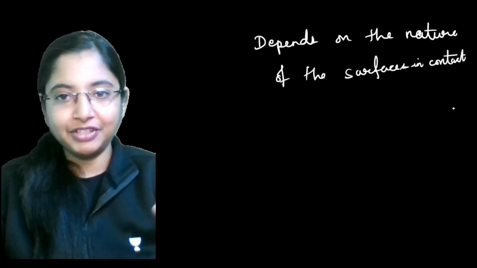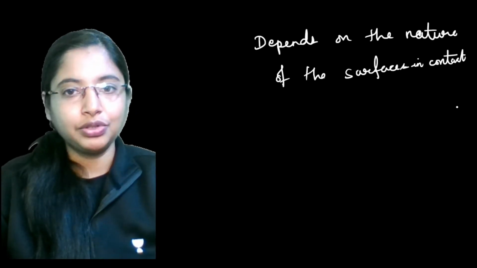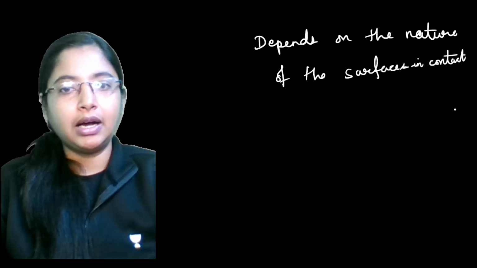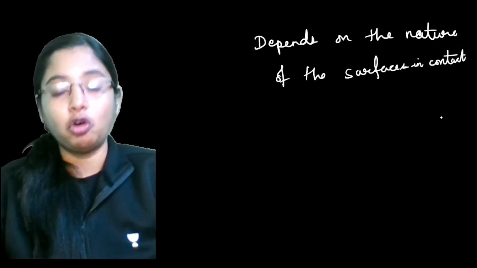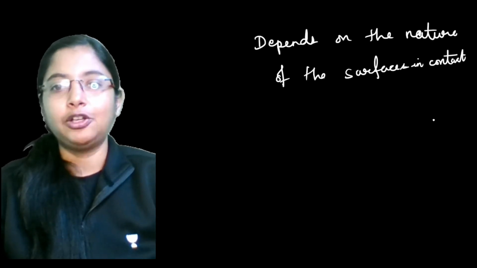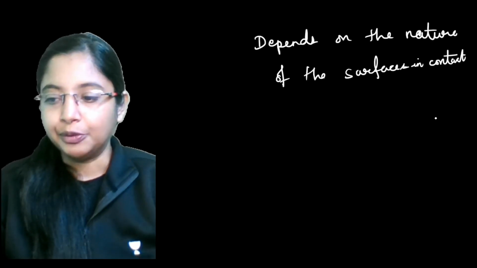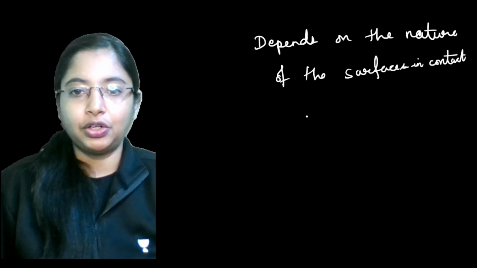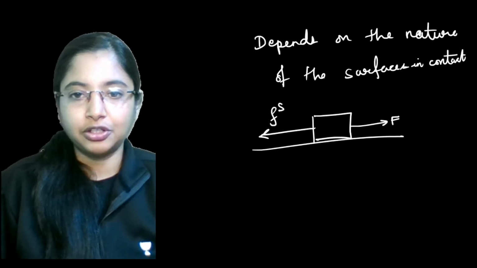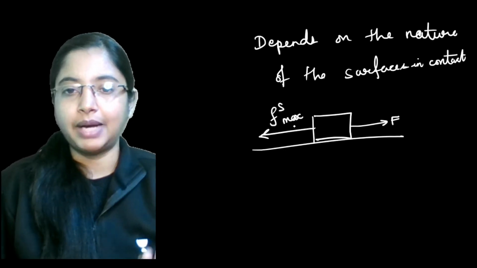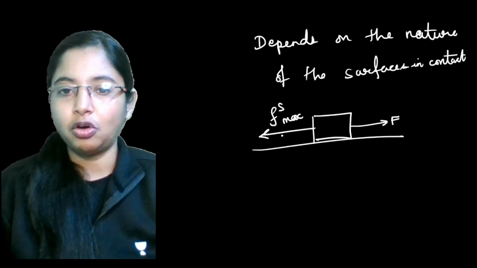The rough surface means you have to give more applied force to break that limiting friction. So, rough surfaces have more limiting or static friction than smooth surfaces. Now, whenever you're talking about limiting friction, let's say this is the object. If this is the applied force, the limiting friction, as your maximum static friction, will be in the direction opposite to it.